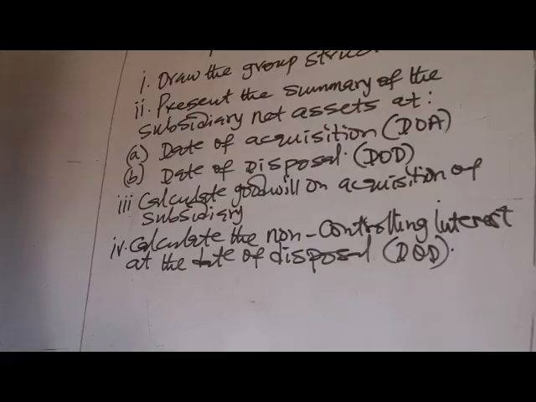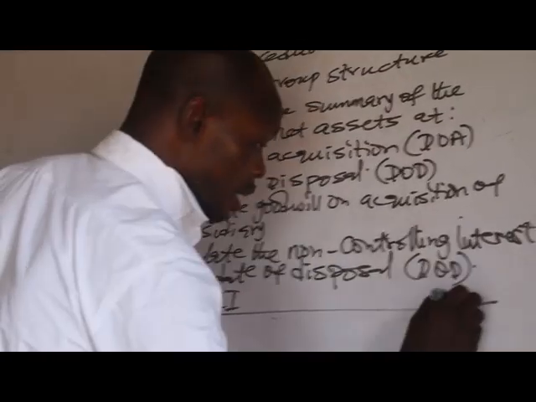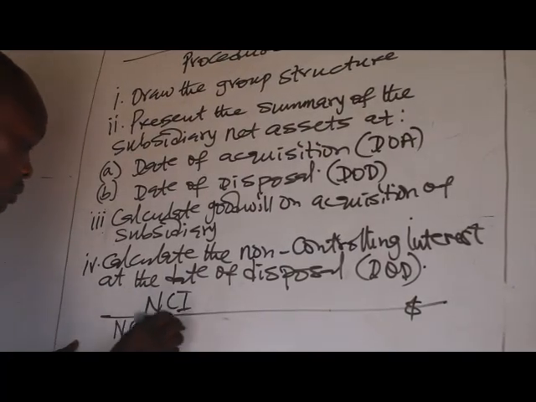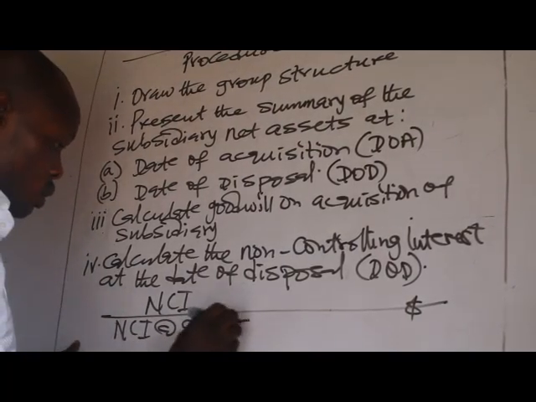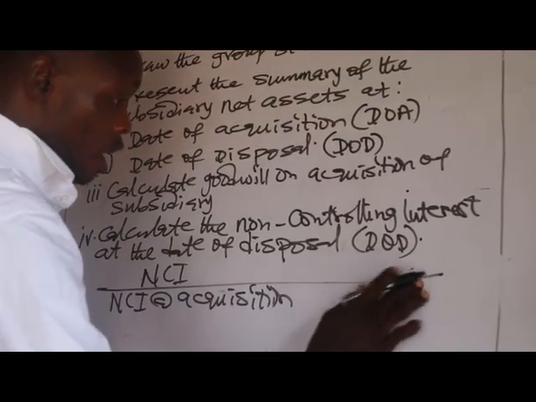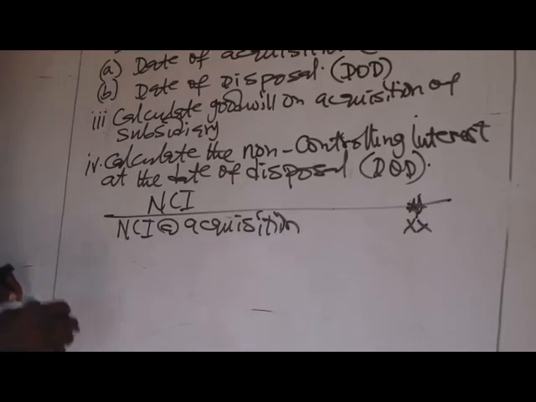How do you calculate that? So, NCI at the date of disposal, you start with NCI at acquisition, whether fair value or proportionate share of net asset.